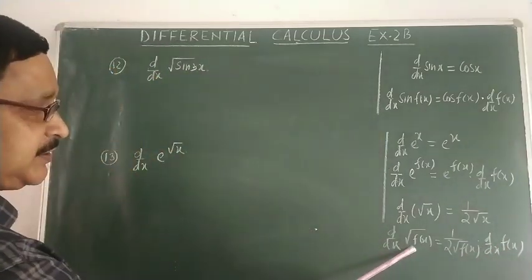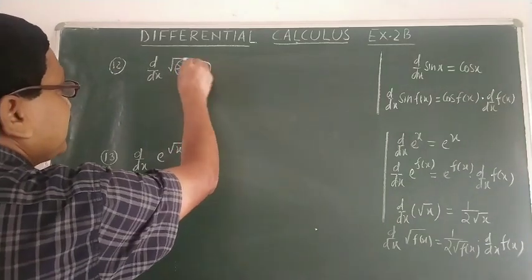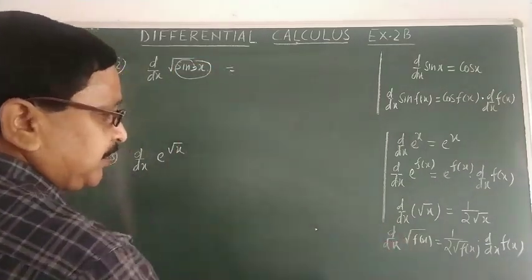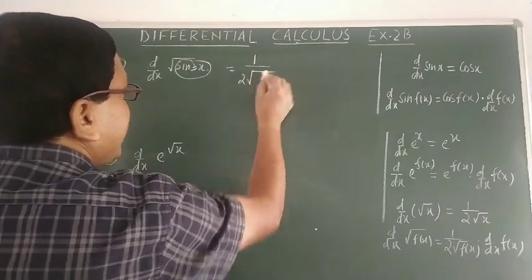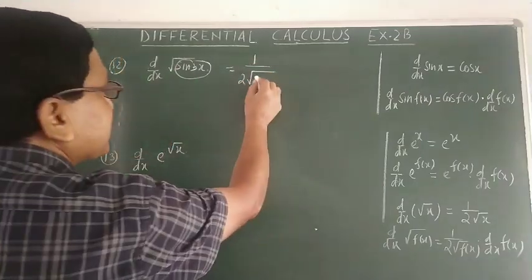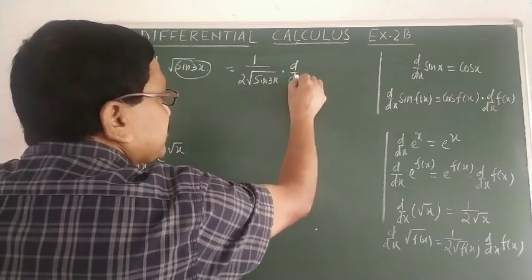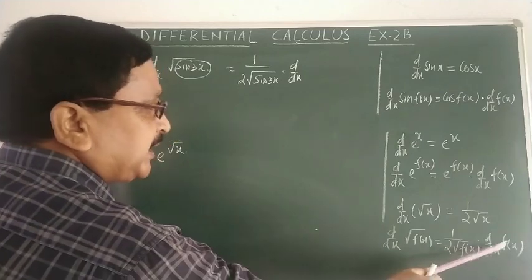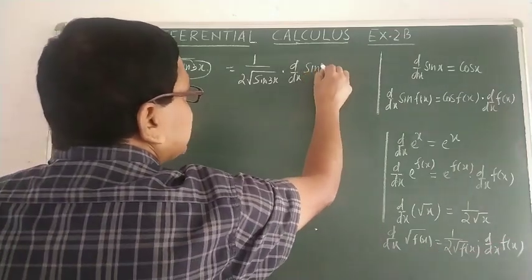So follow this, d by dx of f(x). This is your f(x). So according to this, 1 by 2 root f(x), f(x) is sin 3x, into d by dx of again f(x). So this f(x) is sin 3x.